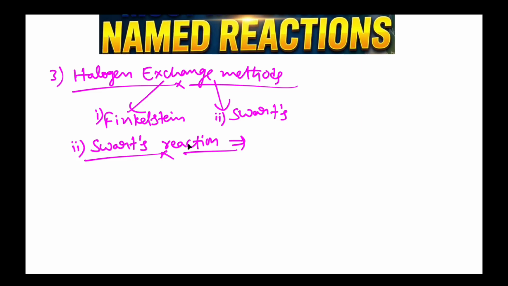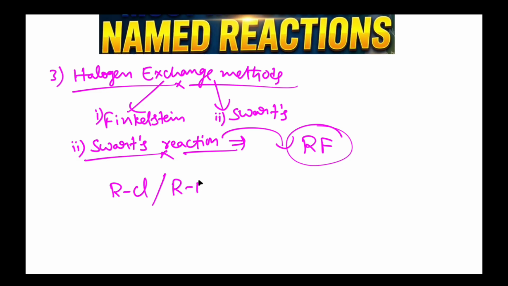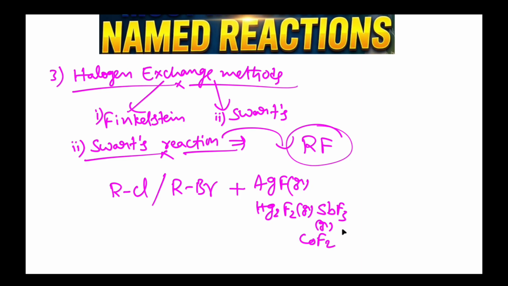The next reaction is the Swarts reaction. In this reaction, particularly we can prepare alkyl fluorides from alkyl chlorides and alkyl bromides. In this method, the alkyl chlorides or alkyl bromides react with fluorinating agents like AgF or Hg2F2 or SbF3 or CoF2.